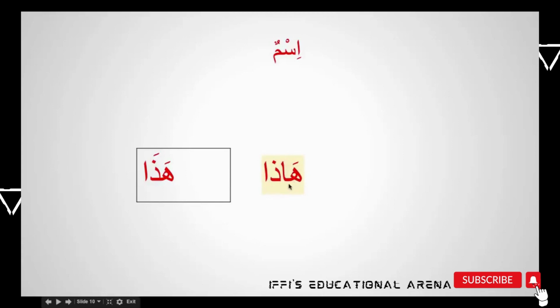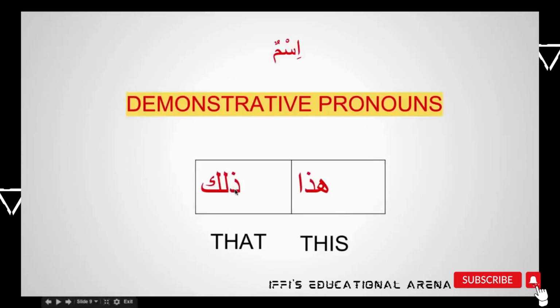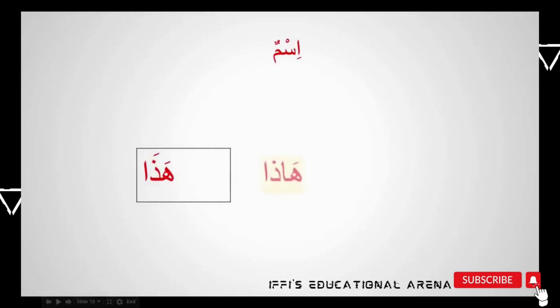Because of constant usage, as you know, Arabic is a language of discount, it gives you a discount and the alif has been omitted. It's written as HADHA but pronounced as HADHA. Same thing with ذَلِكَ. It's written as ذَلِكَ but we pronounce it as ذَلِكَ.